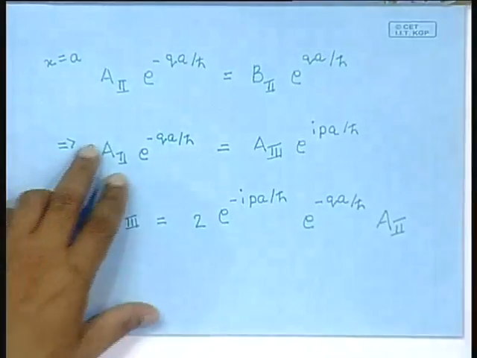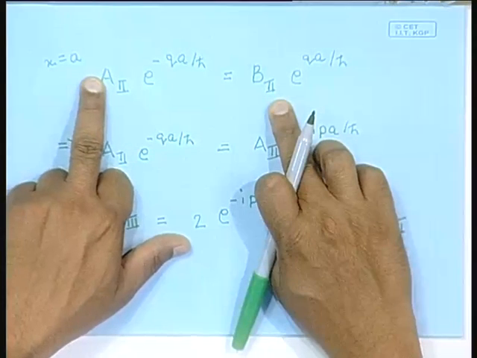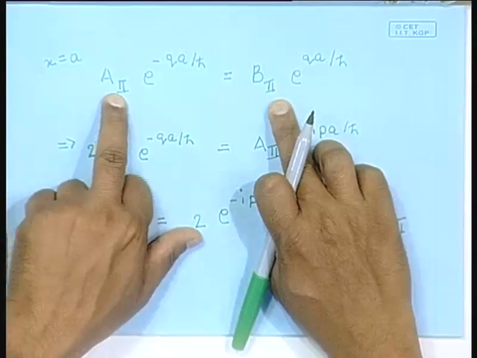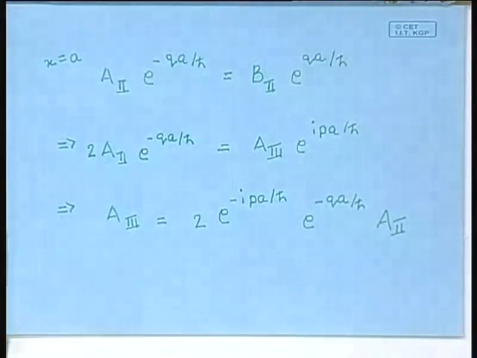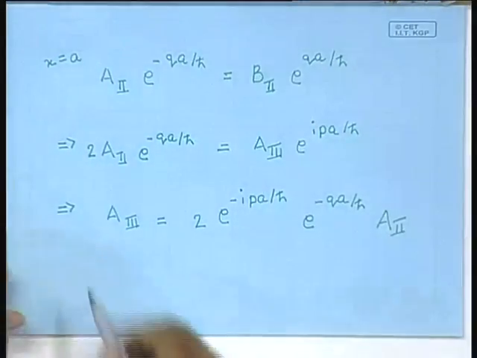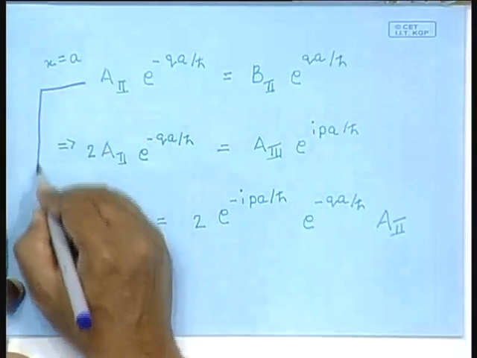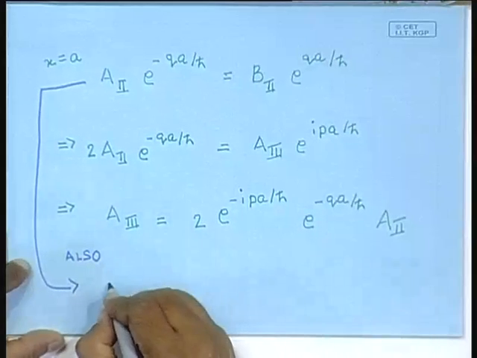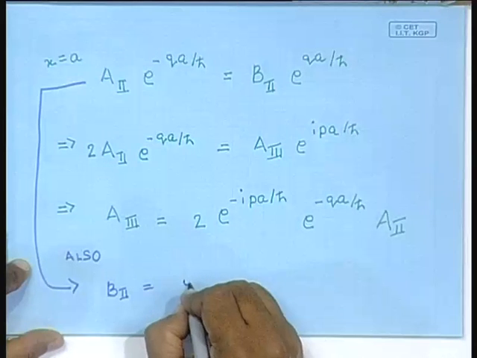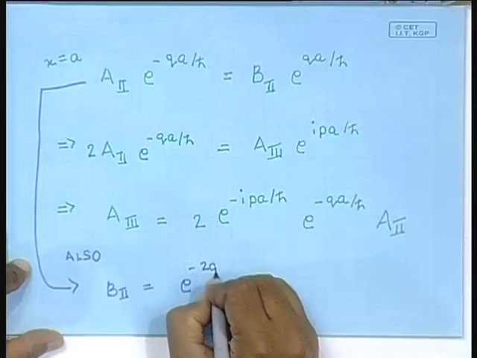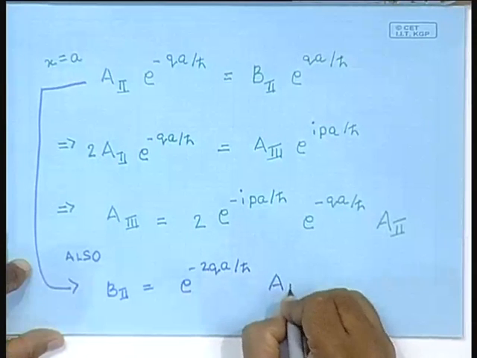What we see here is that B2 is equal to A2 into e to the power minus 2qa by h cross. So, this I can write here also. This also tells us that B2 is equal to e to the power minus 2qa by h cross into A2.